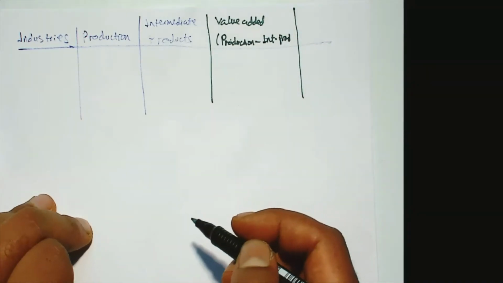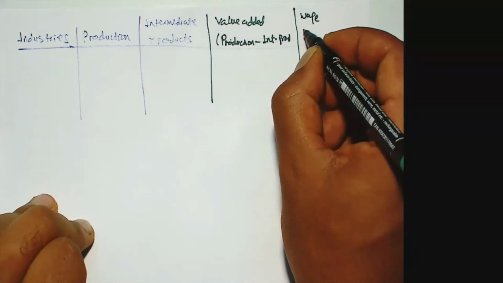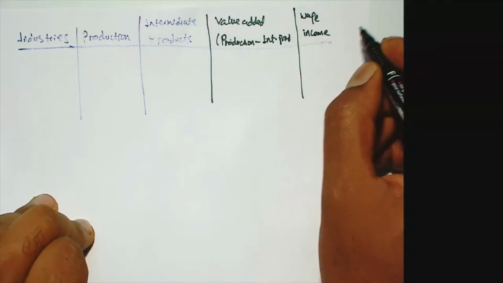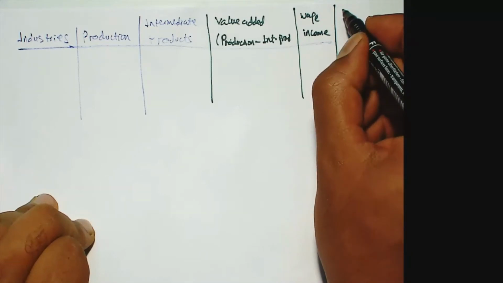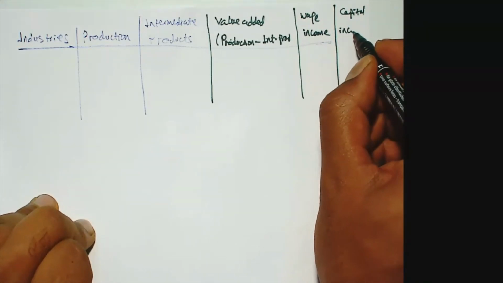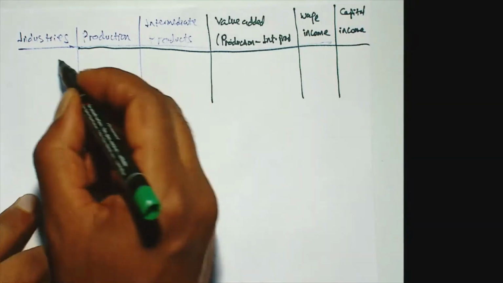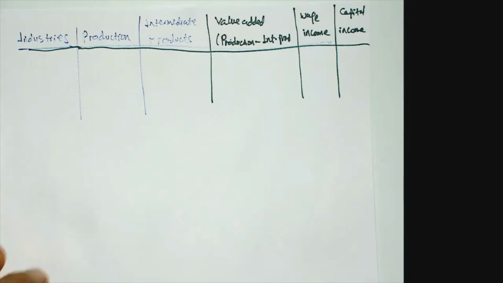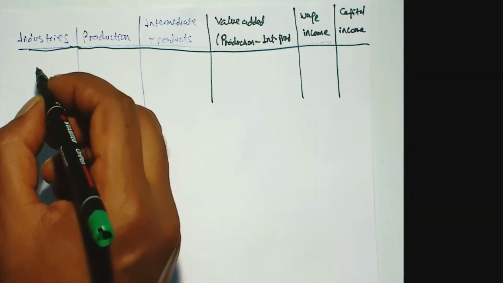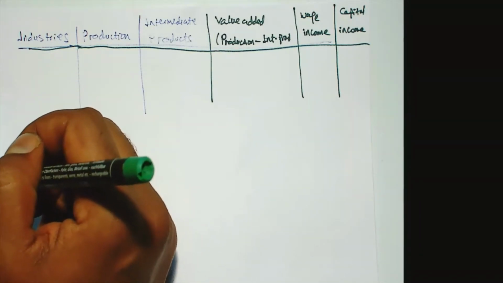In the last 2 columns, we would have wage income and capital income. So after constructing this table, we would be able to calculate GDP using the 3 approaches that are already defined.